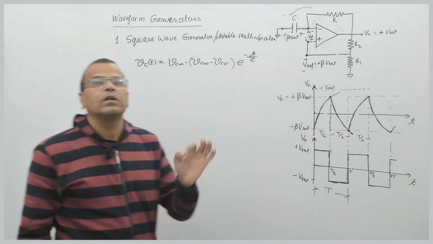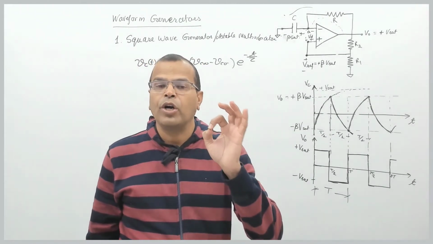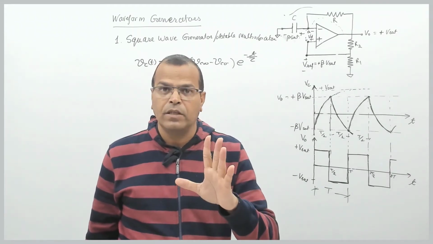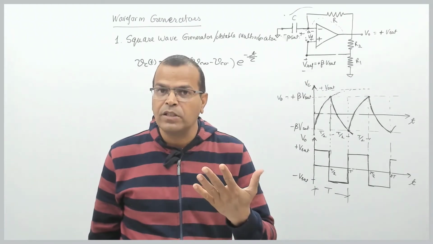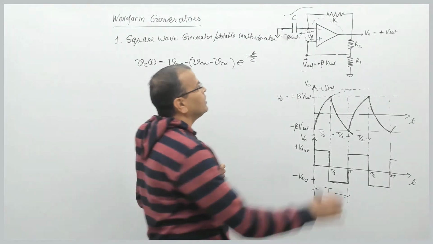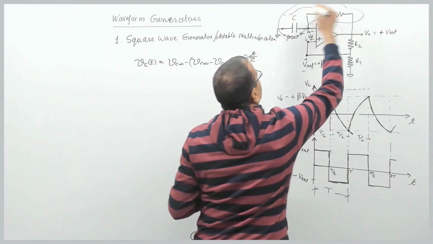This is the expression of voltage across a capacitor in an RC circuit. It may have one capacitor and a number of resistances, or one capacitor and one resistance. In this case, this is that RC circuit.